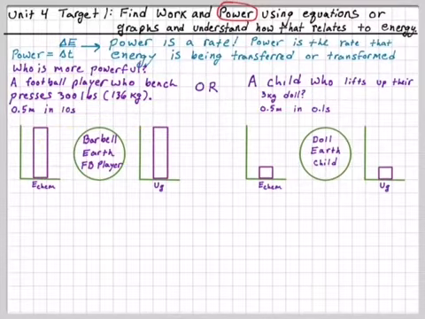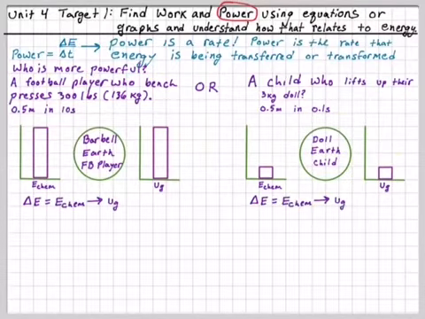Similarly, because I put the child in the system over here, the child is transforming his or her energy into gravitational potential energy as the child lifts that light 3-kilogram toy. So, like we just discussed, in both cases, the change in energy is the transformation of chemical energy into UG.